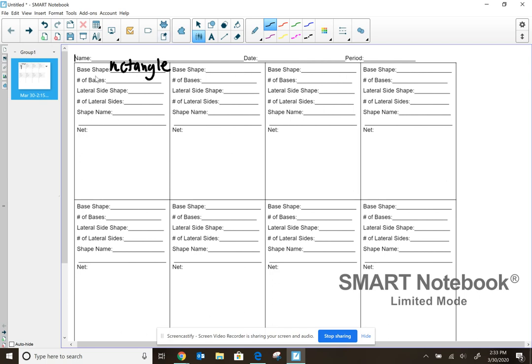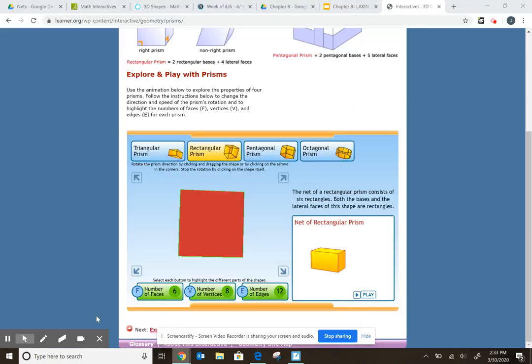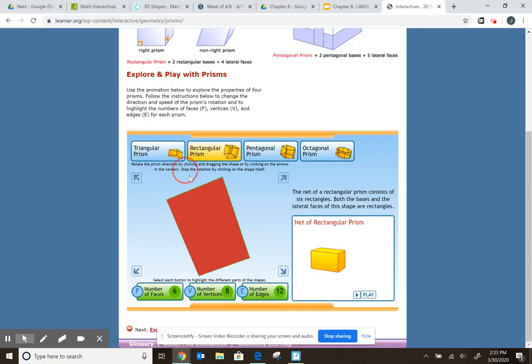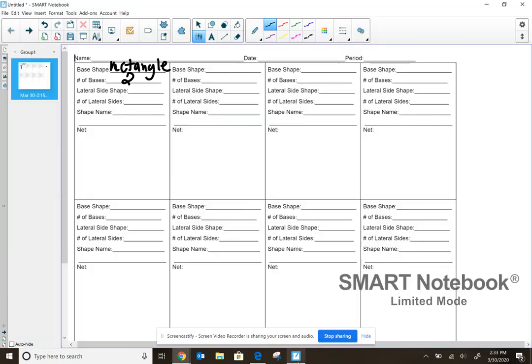Okay, the number of bases. Again, in a prism, there are only 2 bases. So there's only 2 of those squares. The lateral side shape. Now we're looking at the shape of those sides. They should all be the same since it's a prism, and they are all rectangles. Okay, the number of lateral sides.